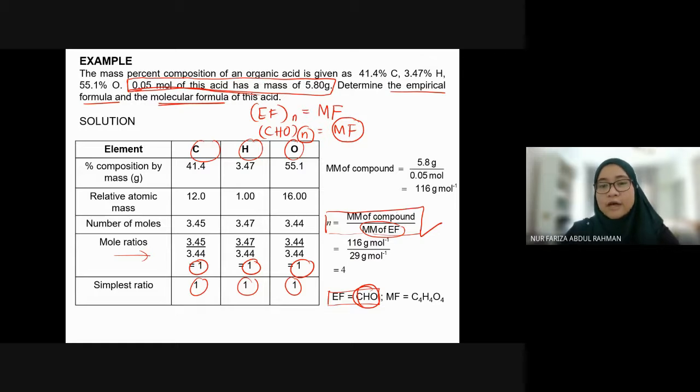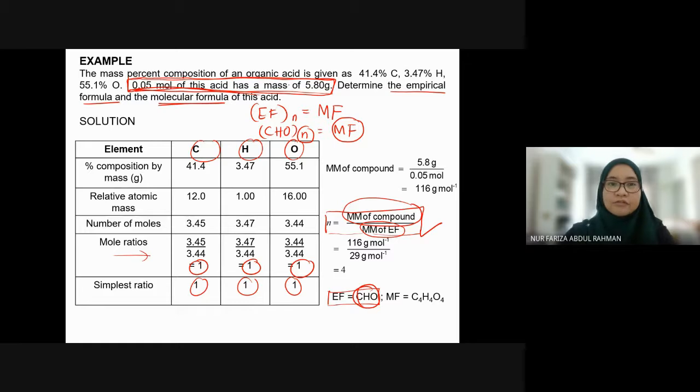The problem now is to find the molar mass of the compound, or the molar mass of the molecular formula, of that particular compound, in this case the organic acid. That is why this information is given here. So this could be used as our conversion factor for our dimensional analysis.